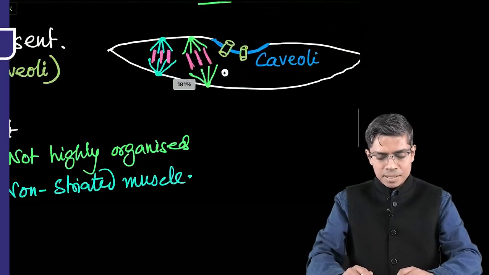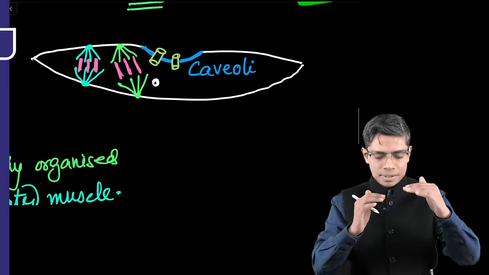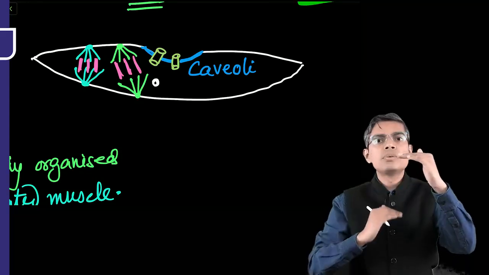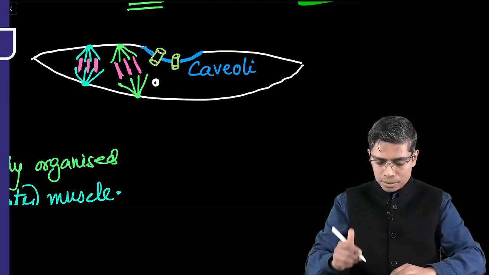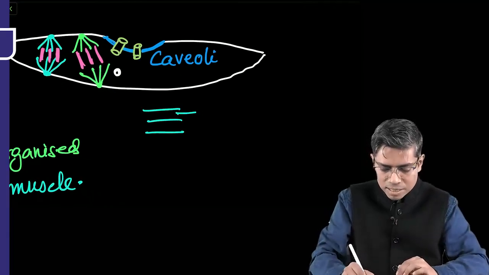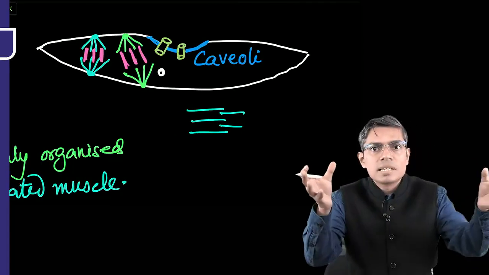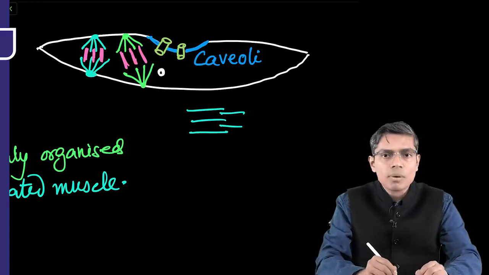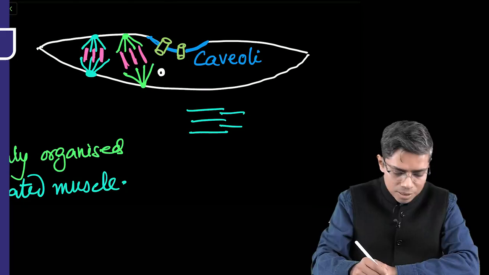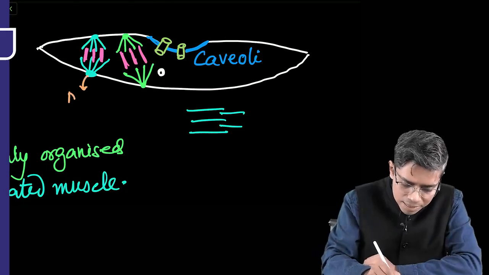Now, in cardiac and skeletal muscle, we have seen that the actins are parallel to one another, and in between the myosin will be there. But here, all the actins are radiating from a single point. This single point where all the actins are attached is known as the dense body.